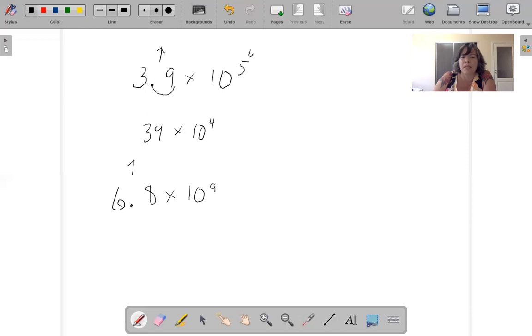As this number gets bigger, this number gets smaller. So I move the decimal over 1. I've got 68 times 10 to the 8th.